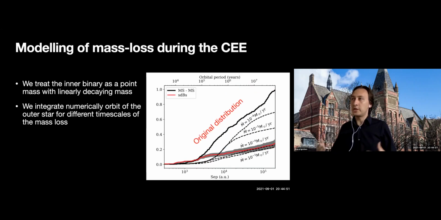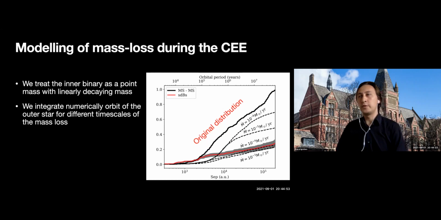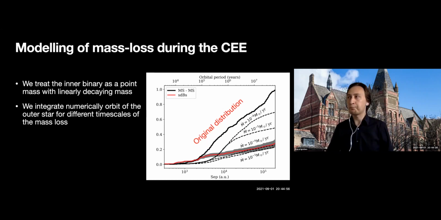So to do this comparison more realistically, we performed simulations. So we took our values for separations in the comparison sample. And we assume that the inner star is not really a star, but a binary, which will go through common envelope evolution and lose mass with different mass loss rates, ranging from 10 to the minus 6 solar masses per year to 10 to the minus 3 solar masses per year.